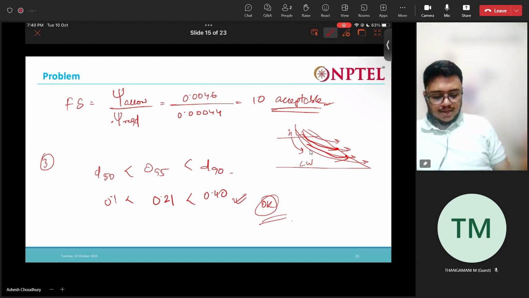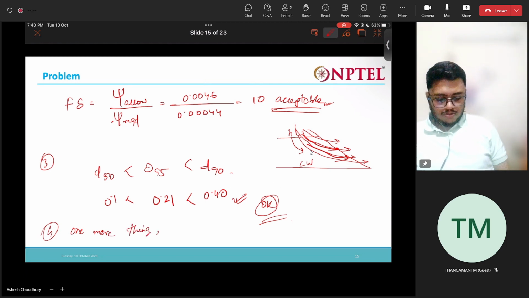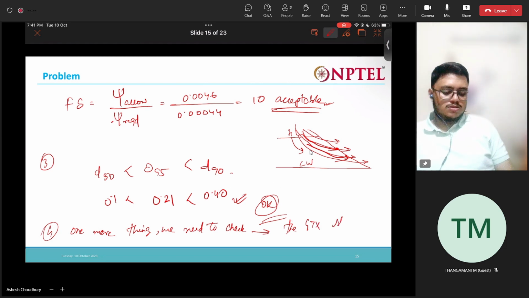One more thing, an additional thing we have to check. The geotextile should not get damaged due to the riprap.